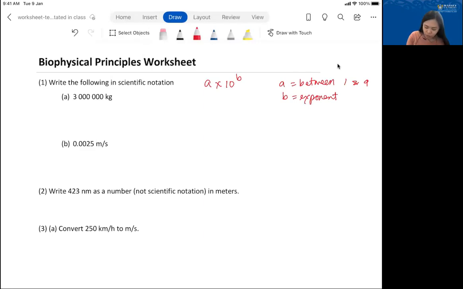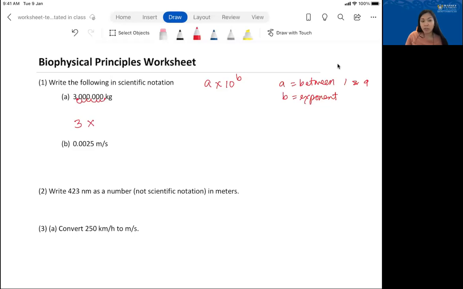Okay, so let's look at the first one, 3 million kilograms. It's not explicitly shown where the decimal point is, because if you have whole numbers or integers, it's implied that the decimal point is right at the end. So when you try to find a, meaning a number between 1 and 9, you have to move the decimal place to the left, and you go 1, 2, 3, 4, 5, 6, so that you have 3.